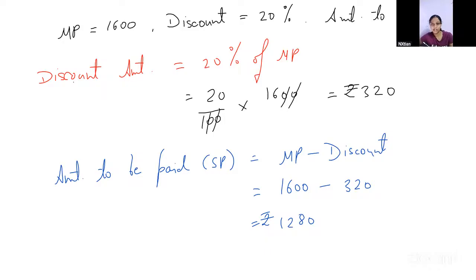The price of an article is 1800 after 10% discount. Find the mark price of the article. This is your next doubt. So after 10% discount, the price is 1800. Can you find the mark price?